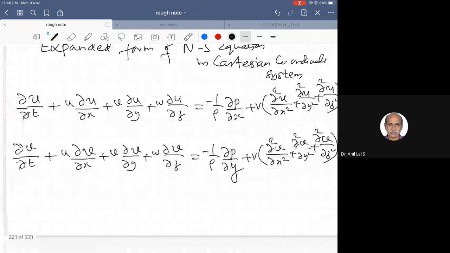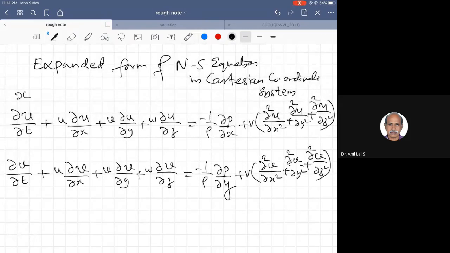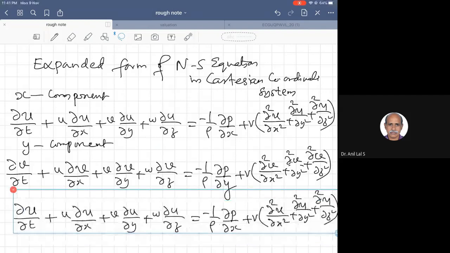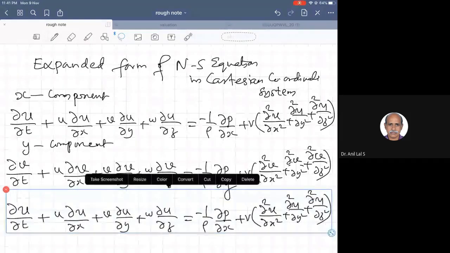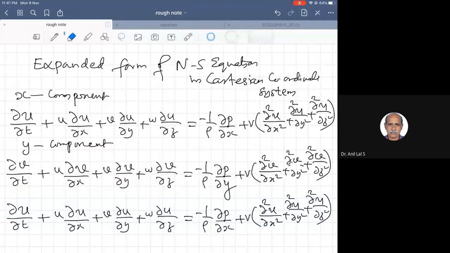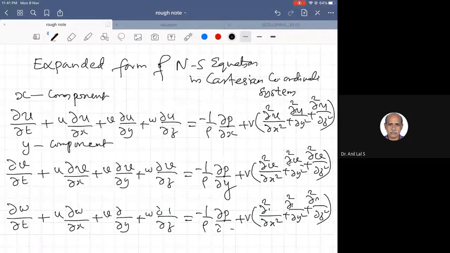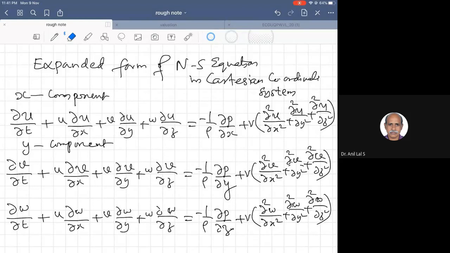So this is the x component, this is the y component, and for the z component this one would become w, and this becomes z. So this is the z component.